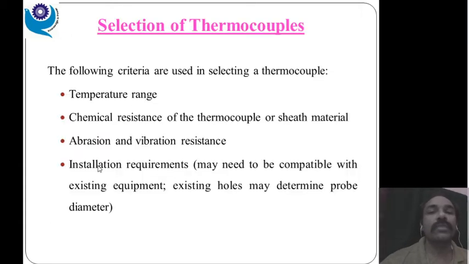Next, selection of thermocouples. On what basis can we select the thermocouples? It is based on the temperature range. For what kind of applications you are using the thermocouples, for that purpose we need to select the temperature range. Similarly, if you are using it for chemical industry applications, we consider the chemical resistance of the thermocouple or sheath material.